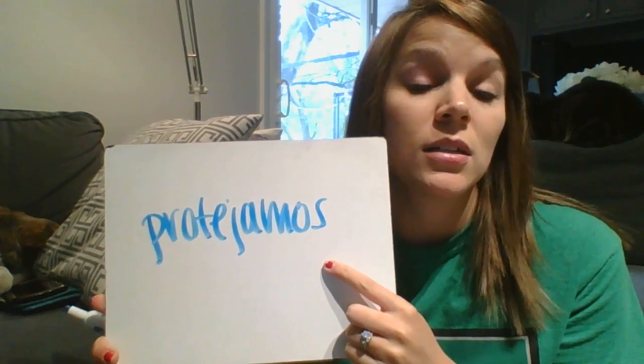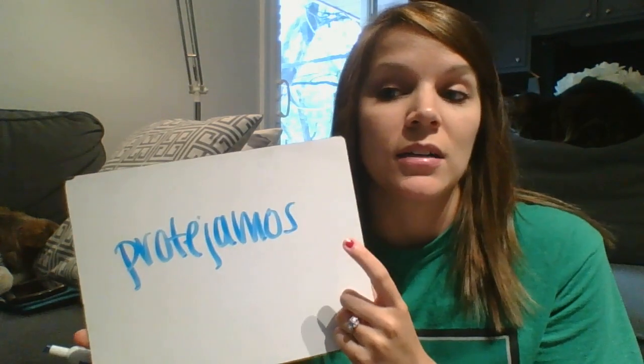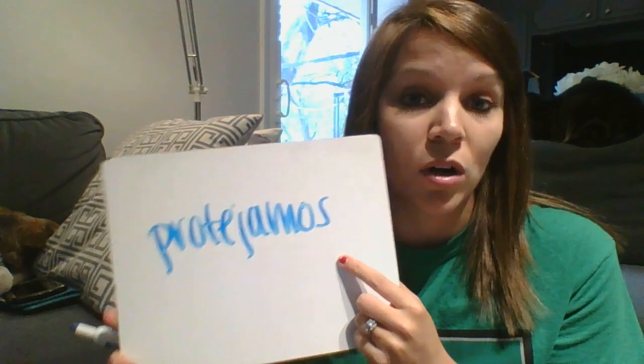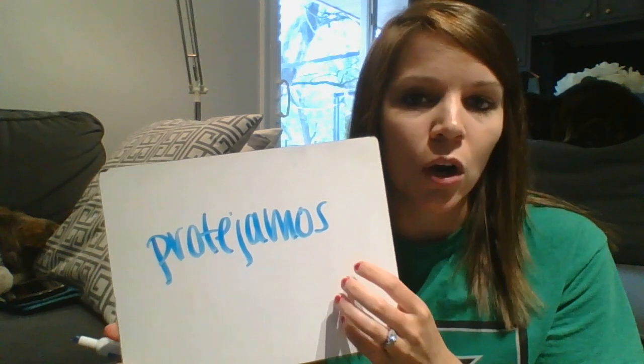So yes, it is the same word as the let's protect because let's protect and it's good that we protect are both subjunctive. Now, how would you know the difference? Well, in context, right? So you would know based on the context of your speech. But yes, it would be the same answer on your quiz. All right.